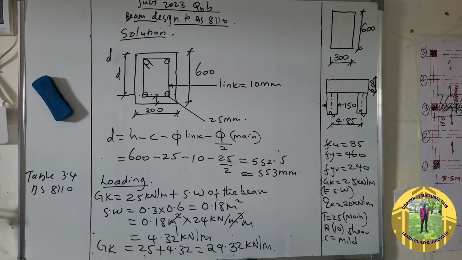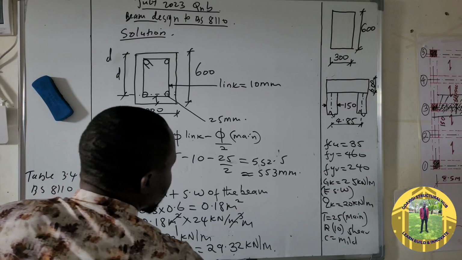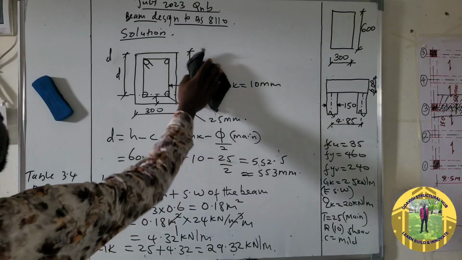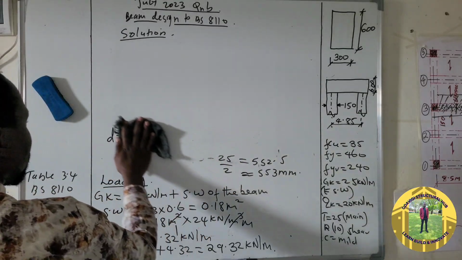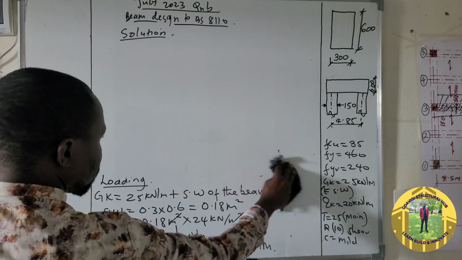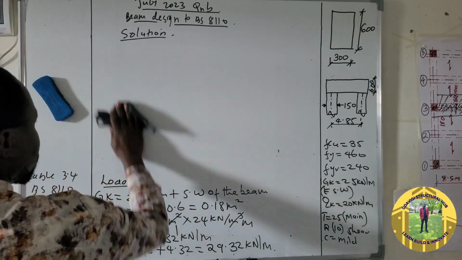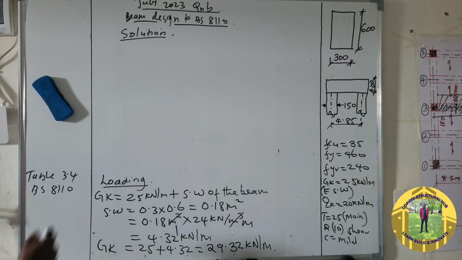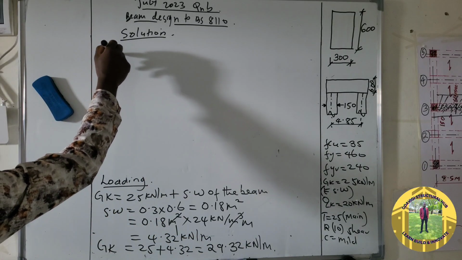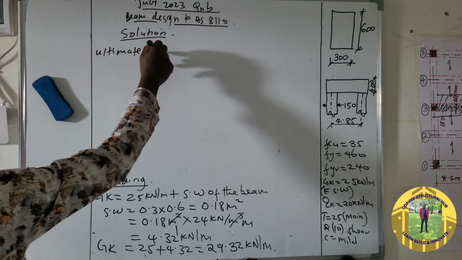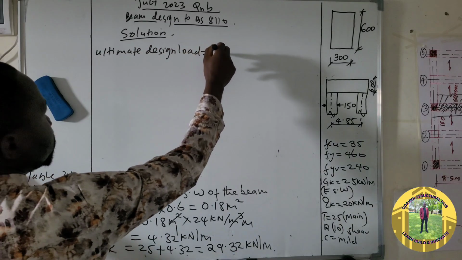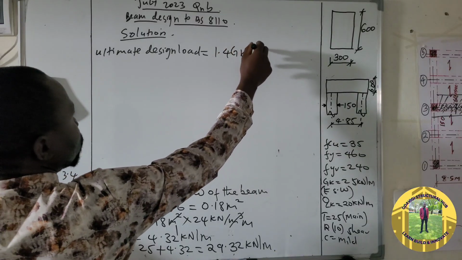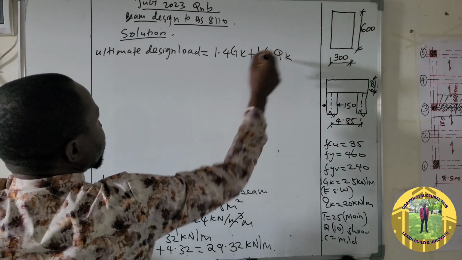So that is our GK, and our QK is 20 kilonewton per meter. Therefore, we can now calculate our ultimate design load. The ultimate design load is equal to 1.4 GK plus 1.6 QK.